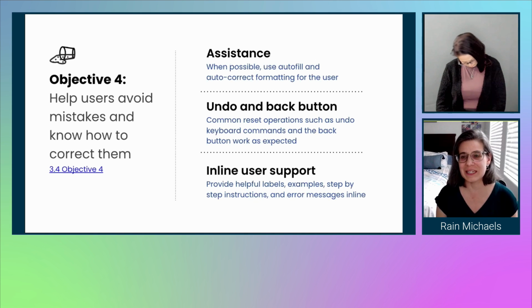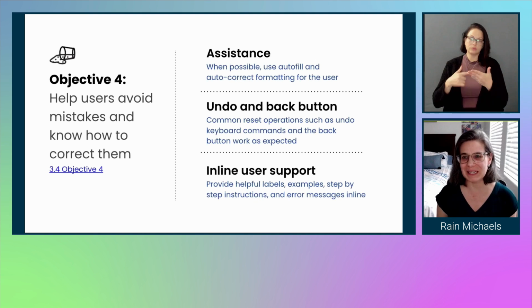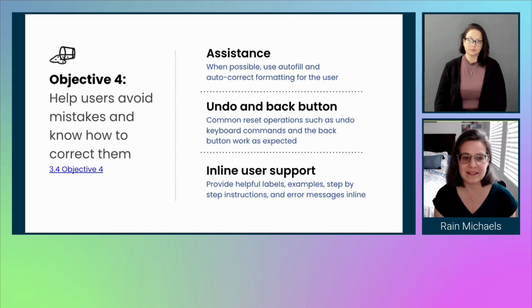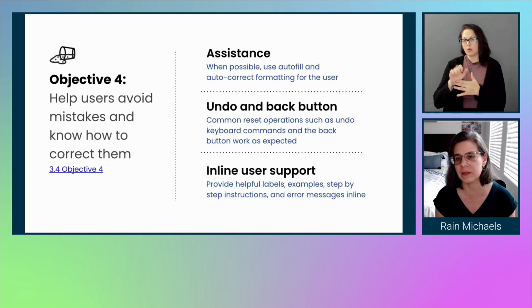We already talked about making sure that undo and the back button are reliable, that these work as expected. And it's also important to allow and respect common reset operations, such as common undo keyboard commands, rather than trying to reprogram them to do different things in your applications.